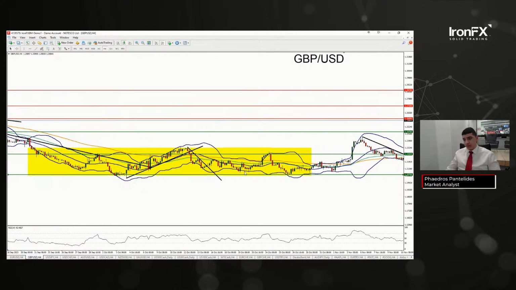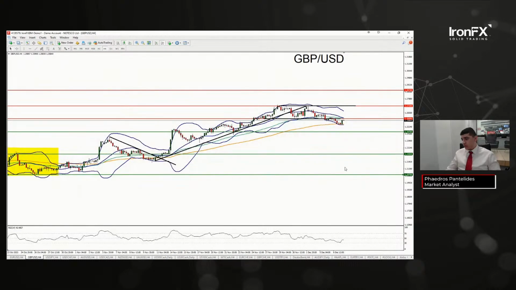This point here met heavy support, moved higher. Therefore, S1, S2, and S3, R1, R2, and R3. And now we could actually draw a downwards moving trend line. So maintaining a bearish outlook for the British pound, or cable, I like to call it that.